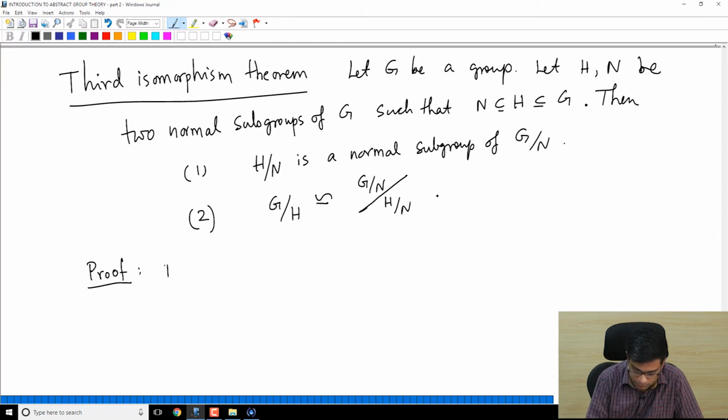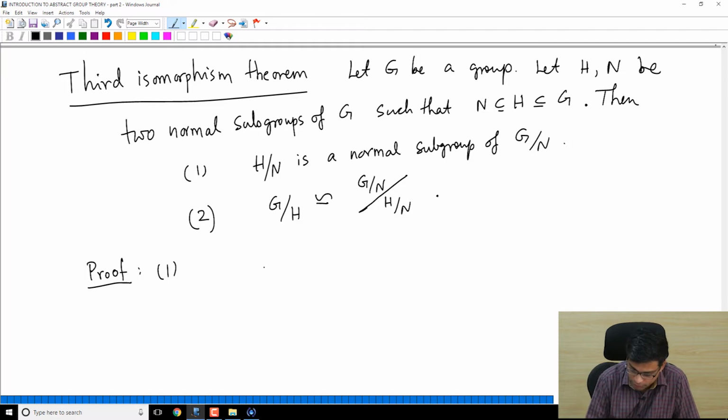So first of all, let's tackle one. We want to show that H mod N is a normal subgroup of G mod N. In order to do that, we first want to even think of H mod N as a subgroup of G mod N. Before we even ask whether it's a normal subgroup, is it a subgroup of G mod N?